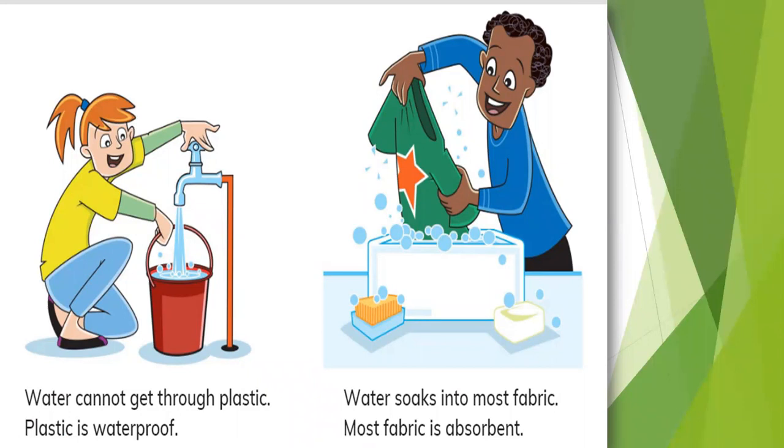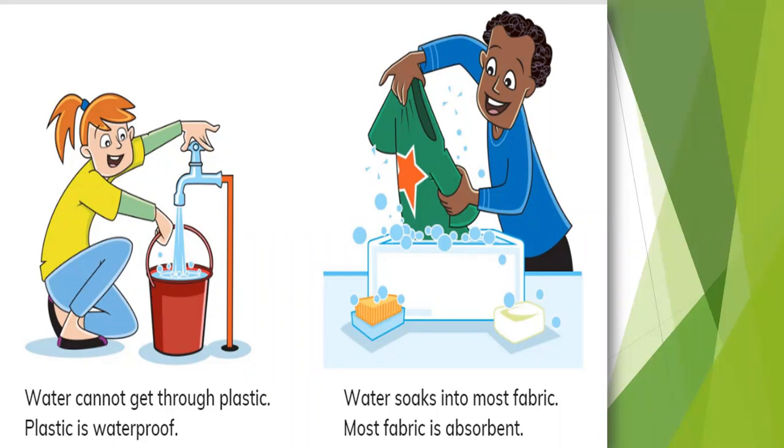Whereas the clothes, the fabrics that we wear, are water absorbent and they soak in water. Water soaks into most of the fabric. Most fabric is absorbent. Absorbent means that it absorbs water. Water can easily go through.